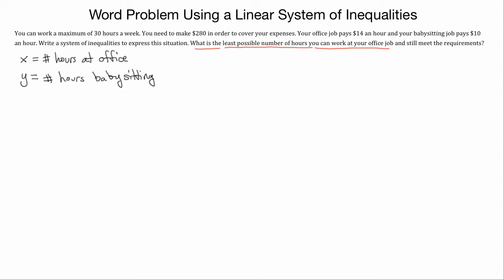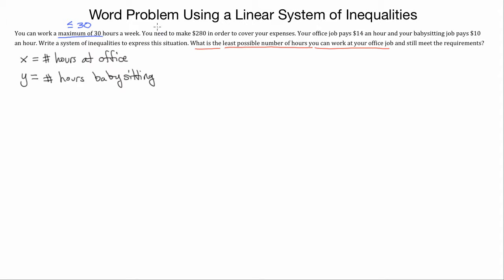Now let's start looking at some details here. I can work a maximum of 30 hours per week, which means I could work 20, 28, 29, 30. I just can't work more than 30 hours. So something is going to combine to make an inequality. Maximum means it could equal 30, but it has to be less than or equal to 30 hours.